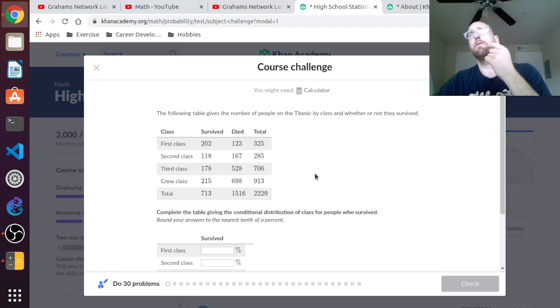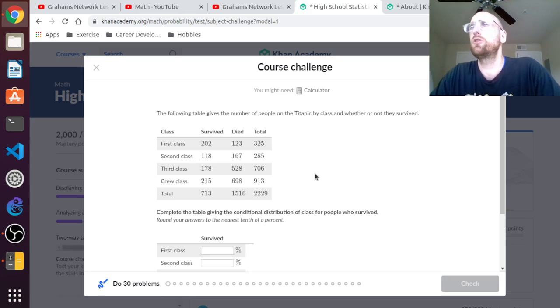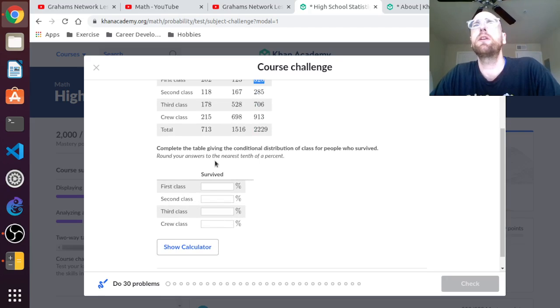If we wanted to see what percentage of people in first class died, we would divide 123 by 325. But this appears to be asking, and again, this is a technical term that I'm not that familiar with, for people who survived.